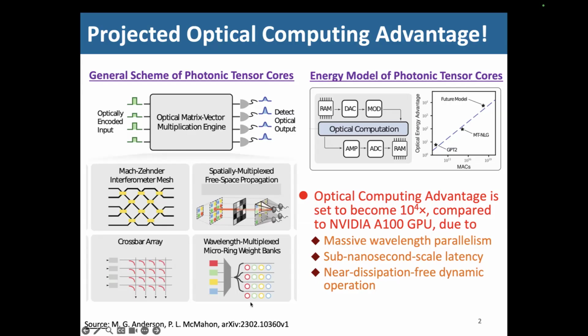In this publication, they have shown that the optical computing advantage is set to become more than 10 to the power 4x compared to NVIDIA's A100 GPU, which is a pretty powerful GPU out there.